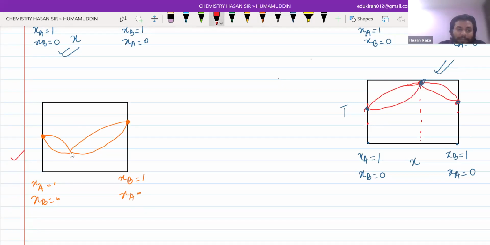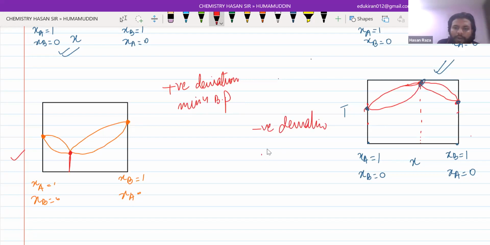But when you mix them, its boiling point is this. So the boiling point of the solution decreases. That's why in positive deviation, minimum boiling point, and in negative deviation, maximum boiling point. Are you getting my point?